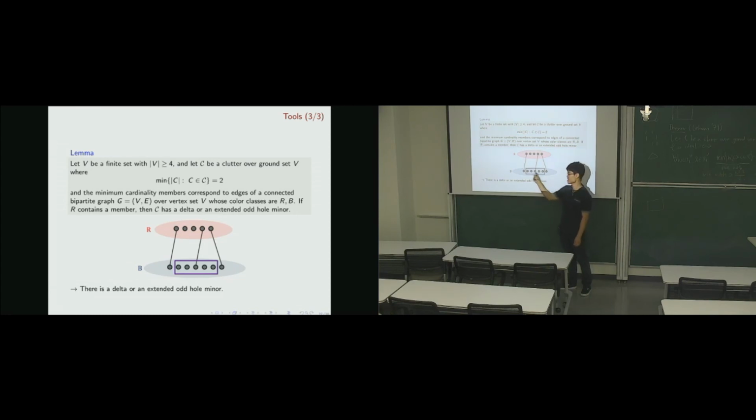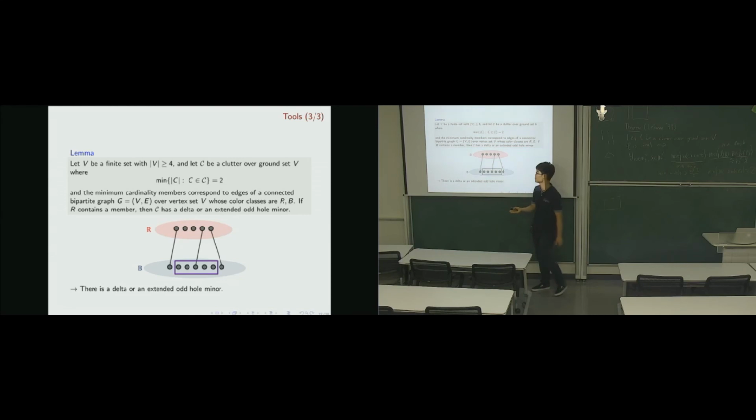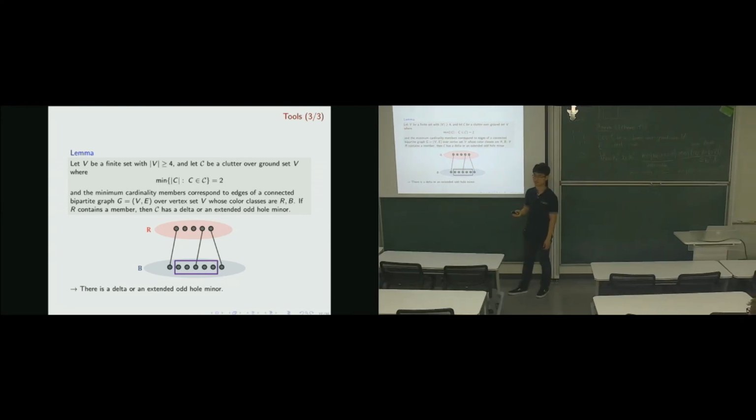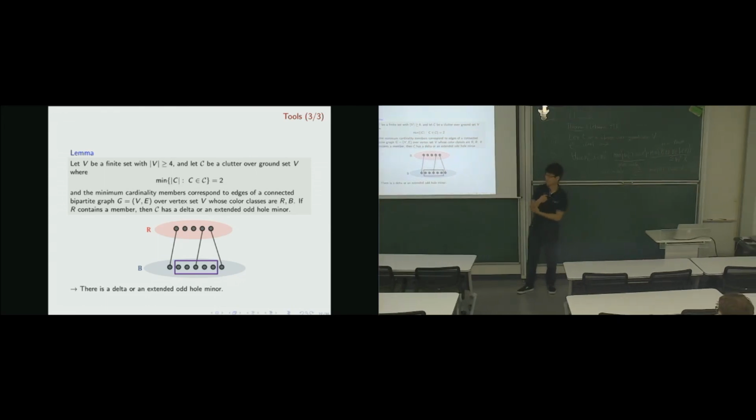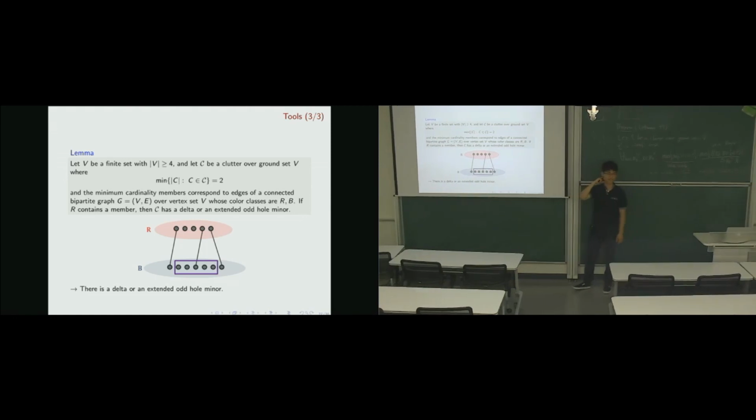Now you are just adding a monochromatic edge which has cardinality greater than 2, but you can find a delta or an extended odd hole as a minor. Okay, that's an intuition. But this graph must be connected, by the way.